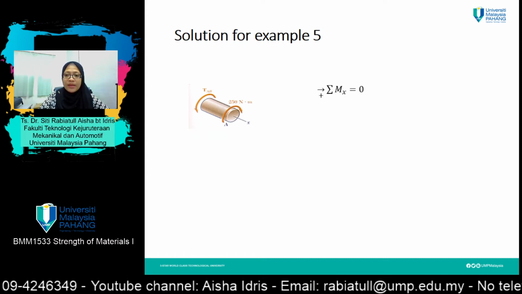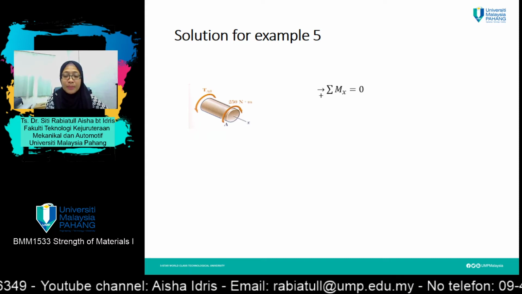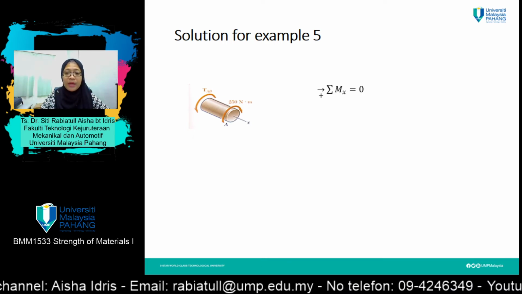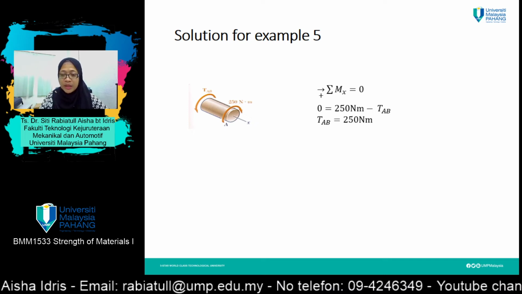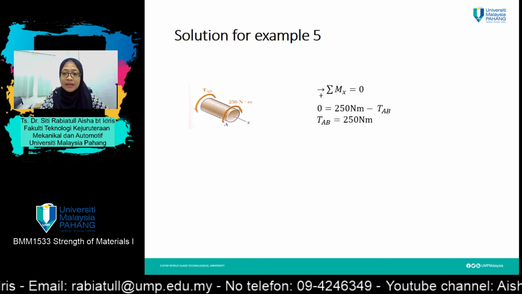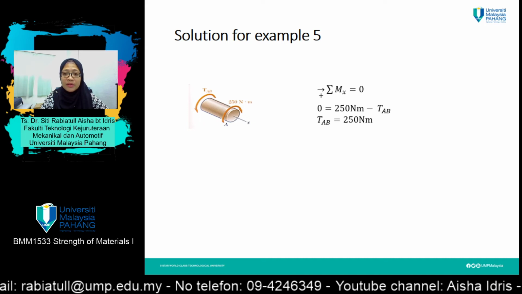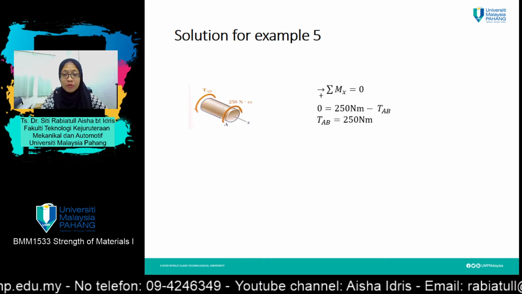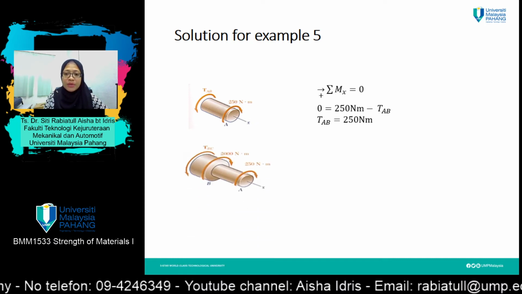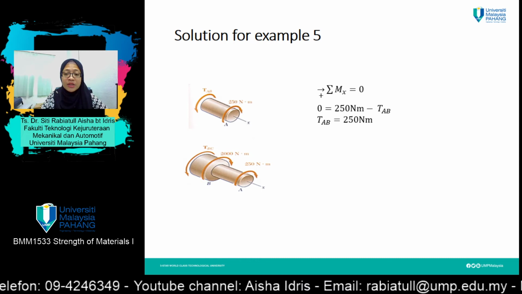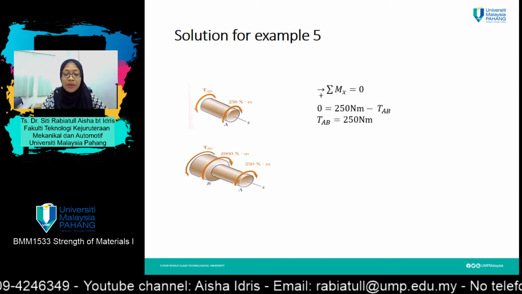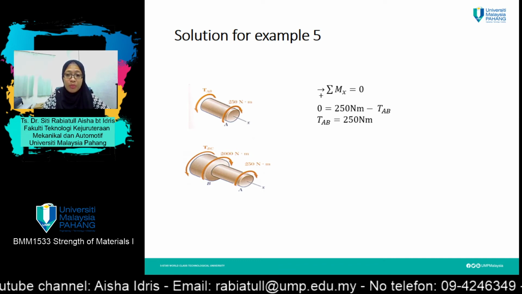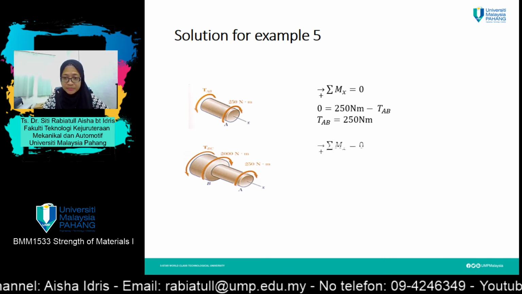The first step is to determine the reaction torque acting on each section. At point A, taking moment about the x-axis, we get the torque at section AB, T_AB, equals 250 Newton meter. Moving to the next section, because there is a change in dimension and another torque acting on that section, we need to cut the other section.